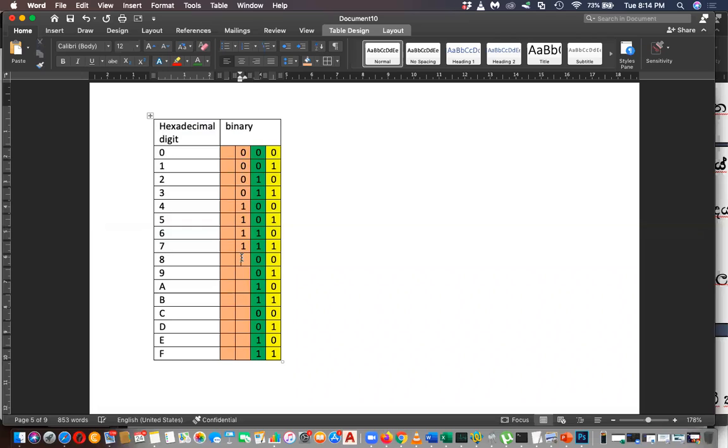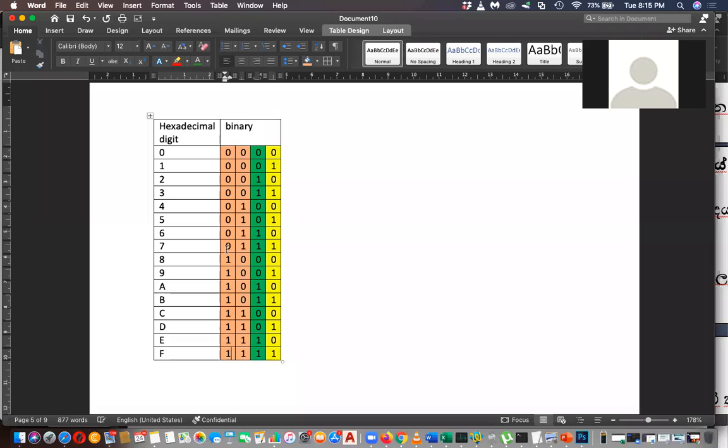Here 4 zeros, 4 ones, again 4 zeros, 4 ones. So what should be the pattern here? 8 zeros and 8 ones.